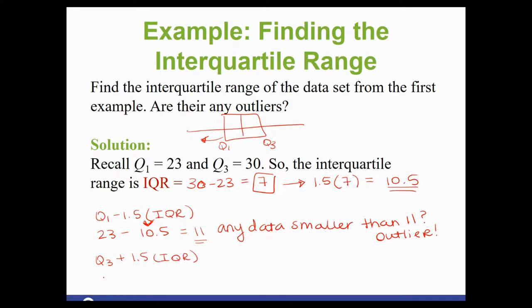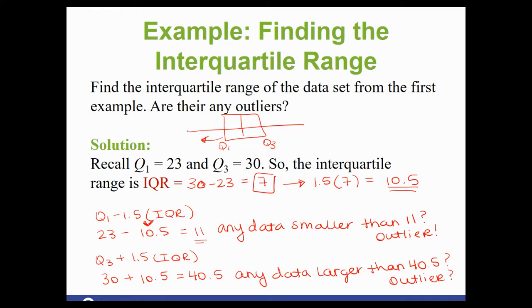So in that case, that looks like 30 plus the 10.5, which gives us 40.5. And on this end, you would ask yourself, any data larger than 40.5? So you check yourself on both sides.